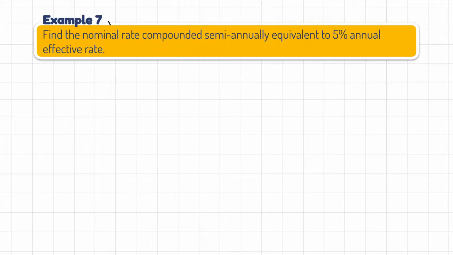Example 7. Find the nominal rate compounded semi-annually equivalent to 5% annual effective rate. So here we are given 5% annual effective rate, which means that our RE equals 5%.